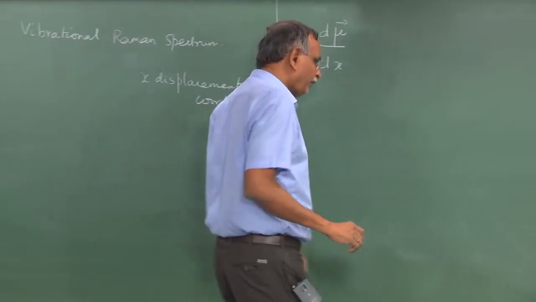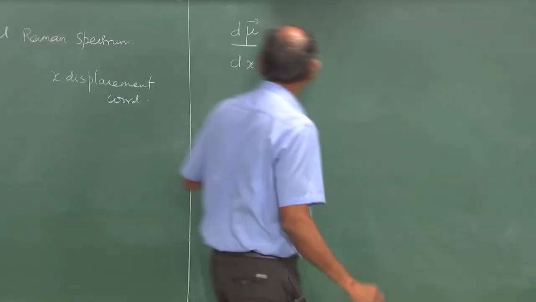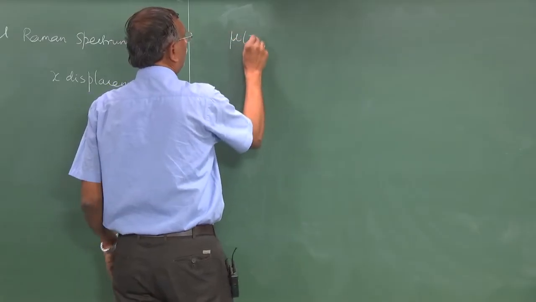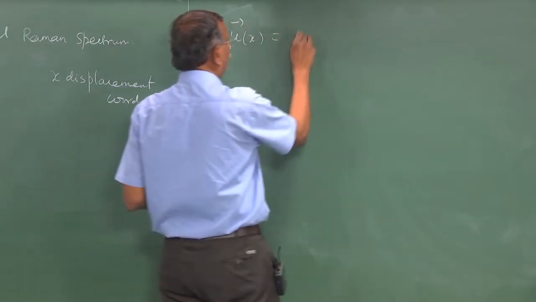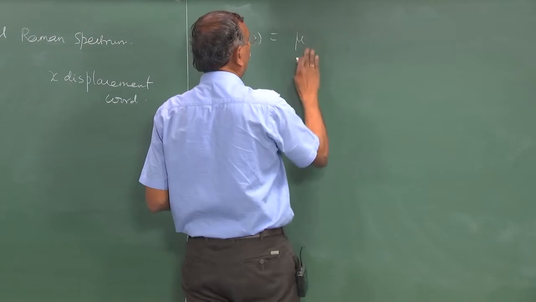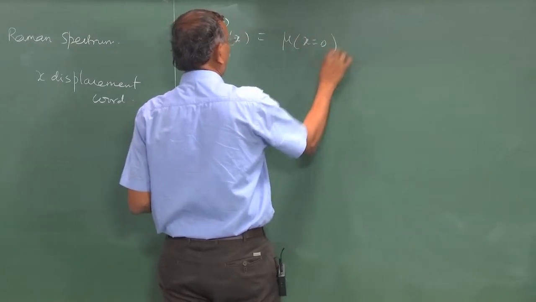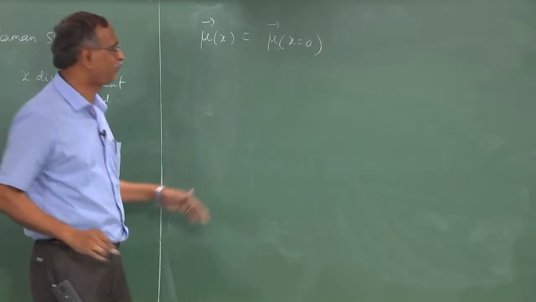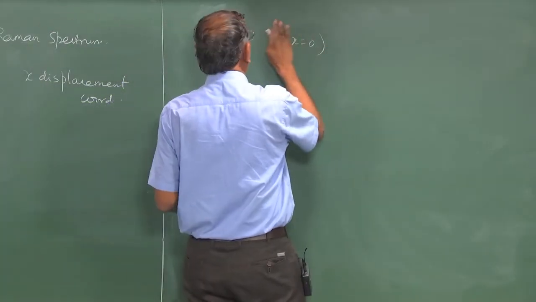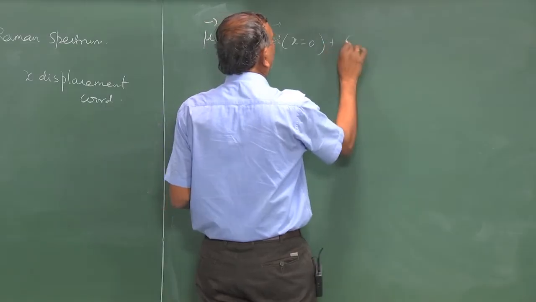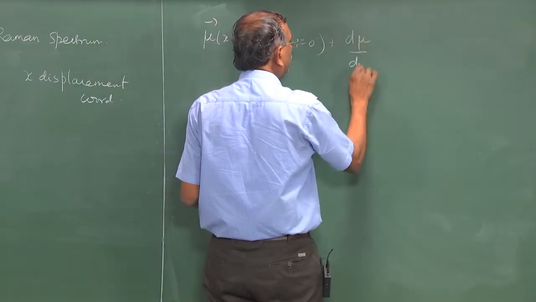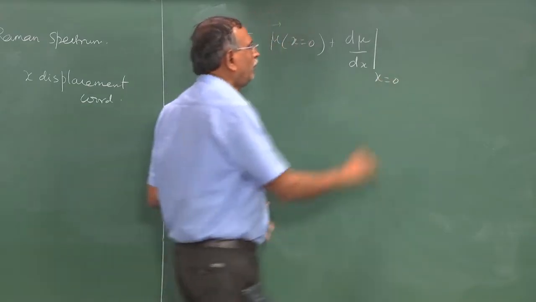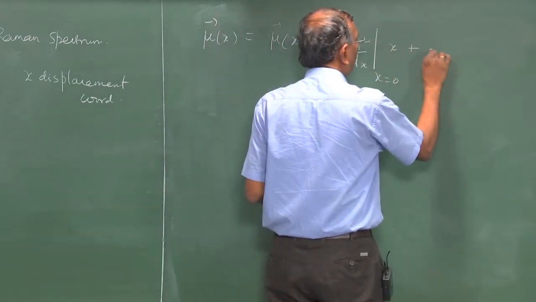How do we write that? We will write in a formal way. We will write mu at a position x is mu naught, which is basically mu at x equal to 0, no displacement, or at equilibrium, plus d mu by dx evaluated at the displacement being 0, times x, plus and so on.